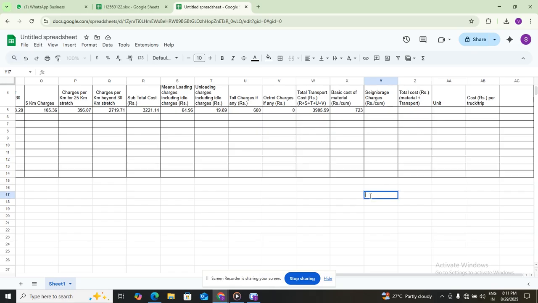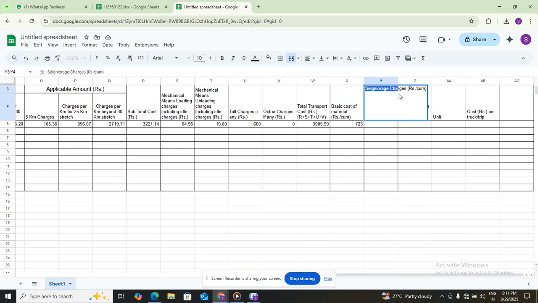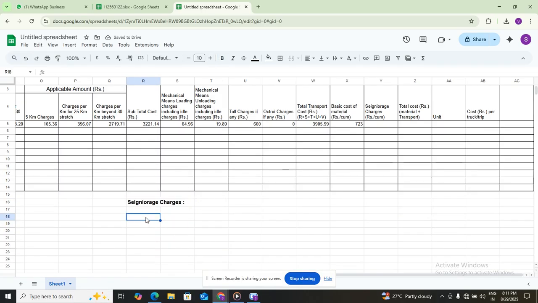First we have to go here. One metric ton, sewerage charges. One metric ton is 94 rupees.